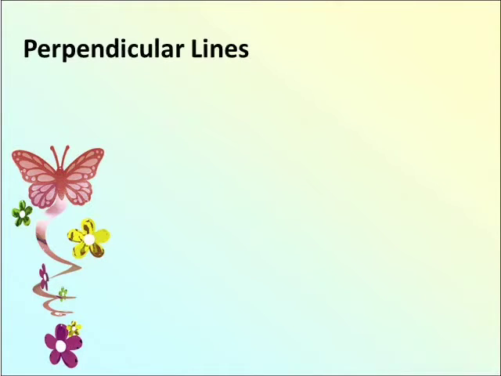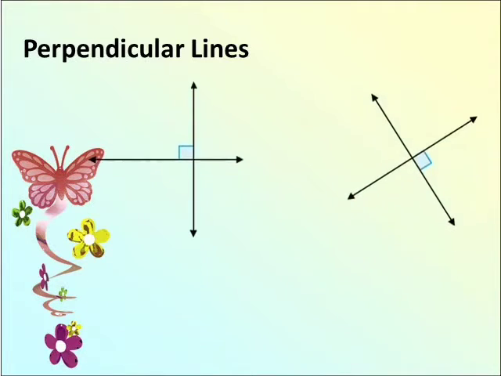Here, we are going to learn about perpendicular lines. What are perpendicular lines? As the picture shows, perpendicular lines are lines that form a 90-degree angle.